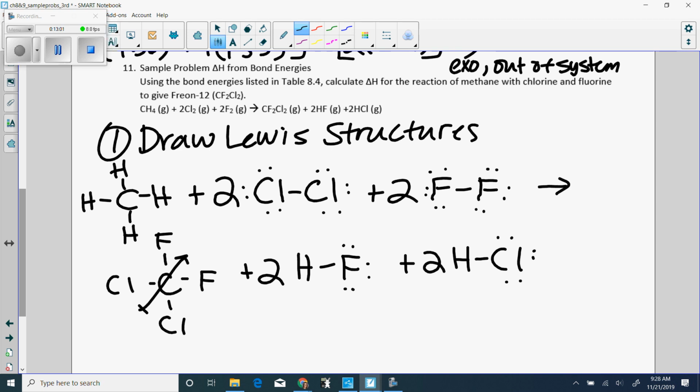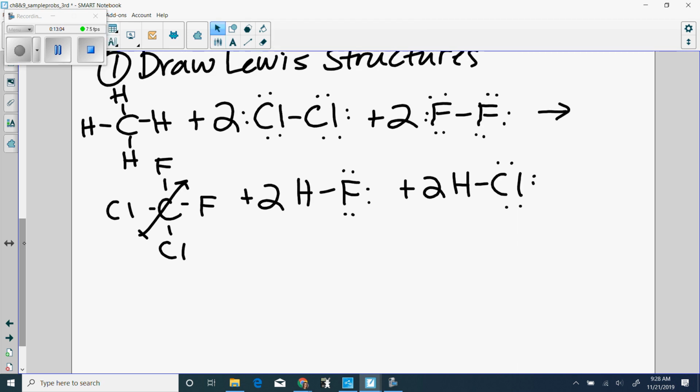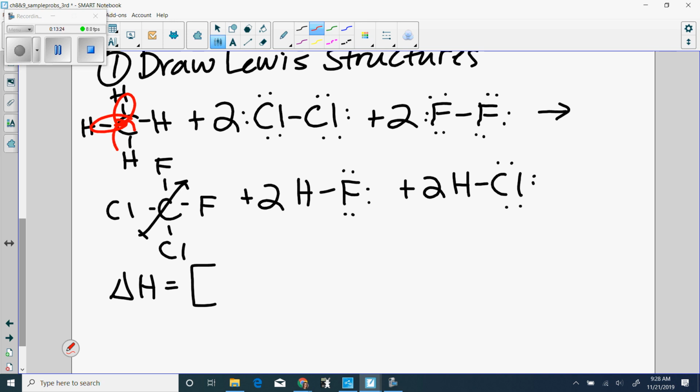Okay, so now watch the math. This is the only chart that's backward. We're doing reactants minus products. Every other time we do the other way, we do products minus reactants. So enthalpy equals, I'm going to do my reactants first. I'm looking at my bond chart. I have 1, 2, 3, 4 C single bond H's, upper left hand corner. It's 413. So I have 4 of them at 413.